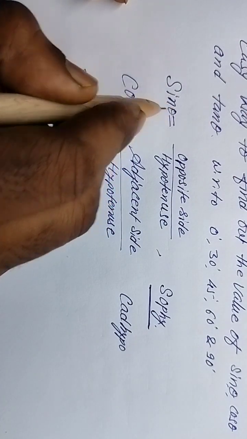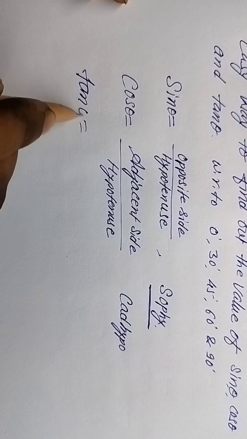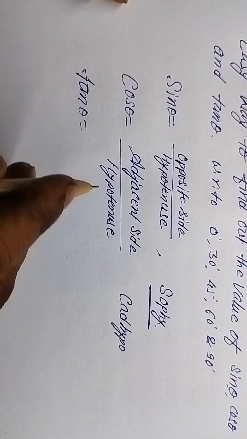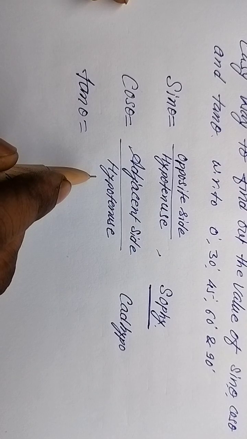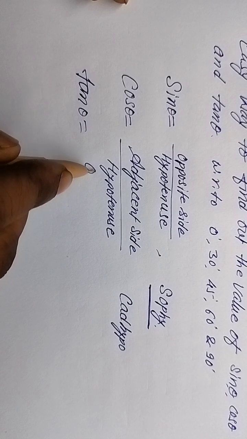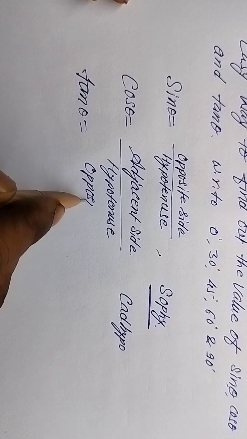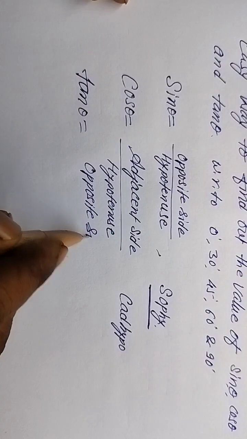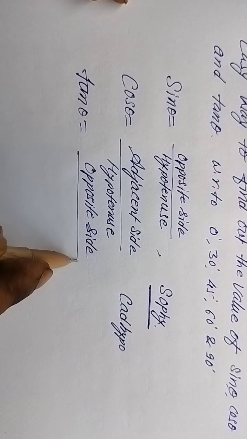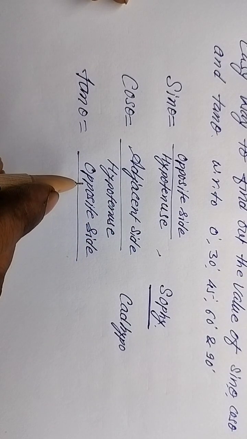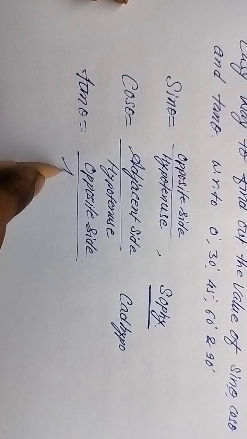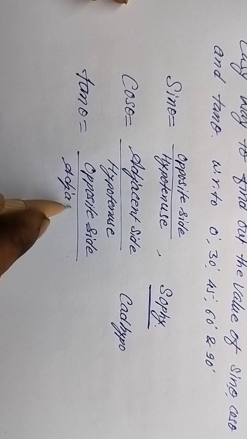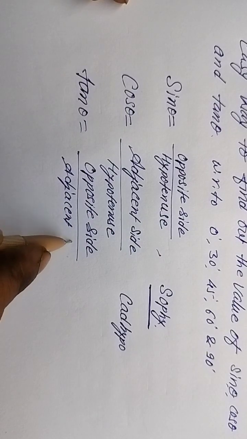And for tan, we can write sin theta, cos theta, tan theta also. Tan theta is the ratio of opposite side upon adjacent side.